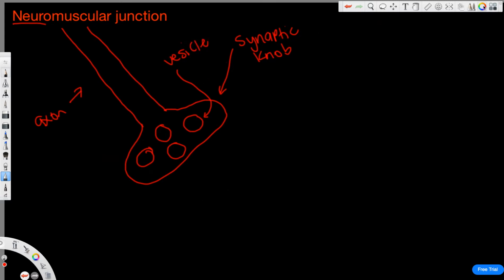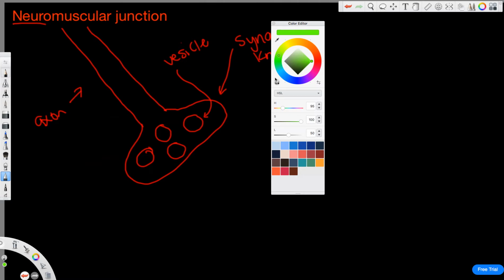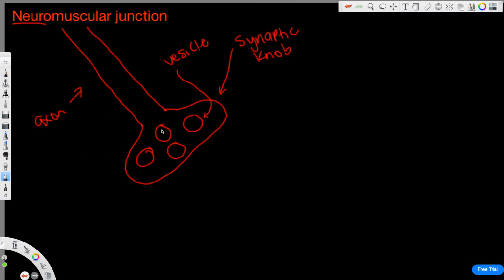And then let's pick a color for our neurotransmitter. I'm going to make acetylcholine be green. So inside of each of my little vesicles, I'm going to draw some green dots to represent my acetylcholine molecules.